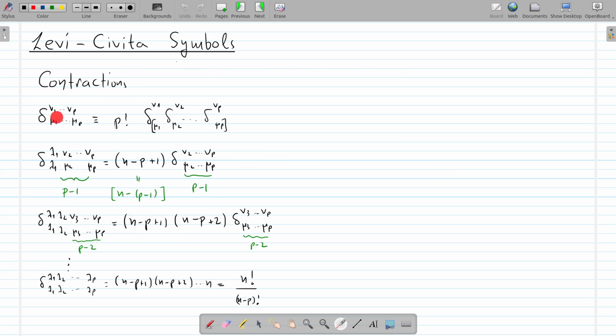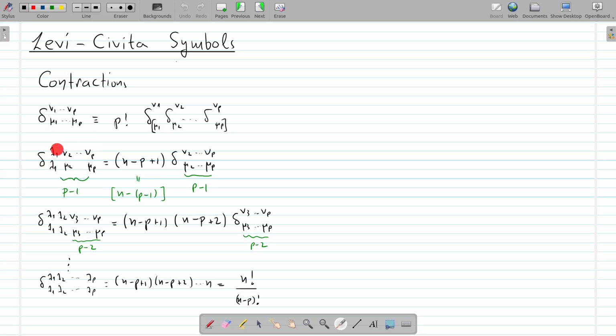So here is the definition of the p delta symbol, and let's write now formulas that are obtained by contracting such indices. So we can contract any indices here, taking care of signs, of course. So we will show just contractions with respect to the first index. So we contract nu1 and nu1. Here we have lambda 1 and lambda 1, they're the same.